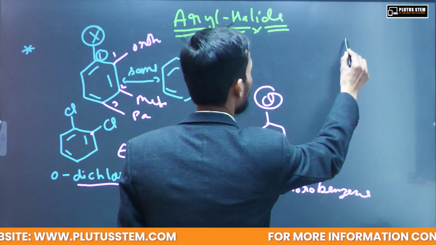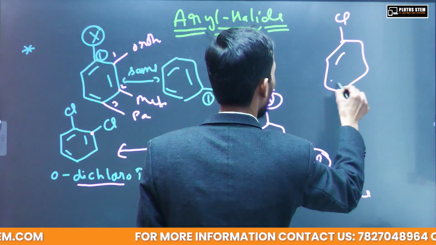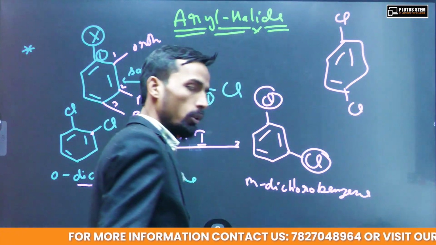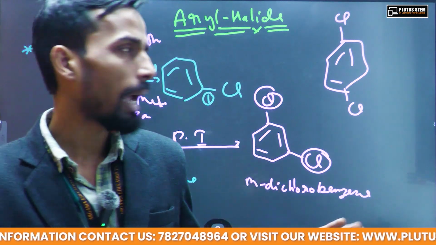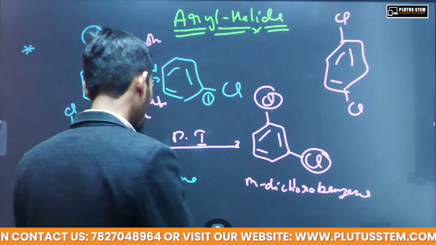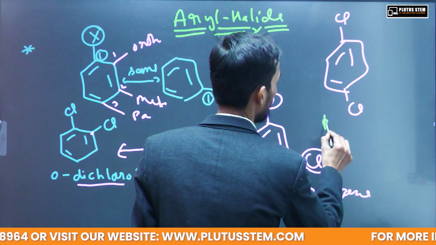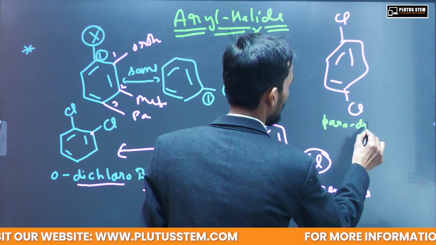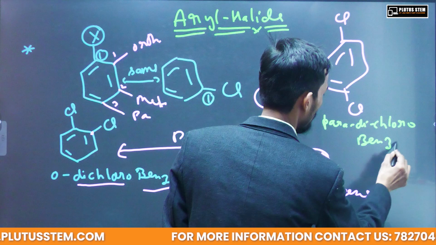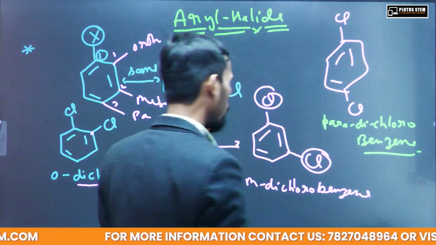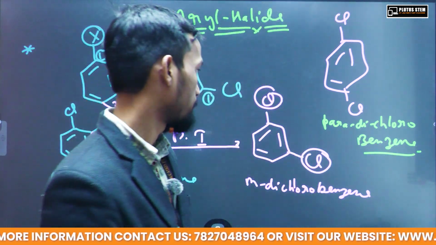And the third one will be Cl and Cl. Any benzene we can take, any halogen we can take, fluorine, chlorine, bromine. I am just taking the example of chloro here. This will be para dichlorobenzene. So generally we see this type of isomerism in aryl halide.